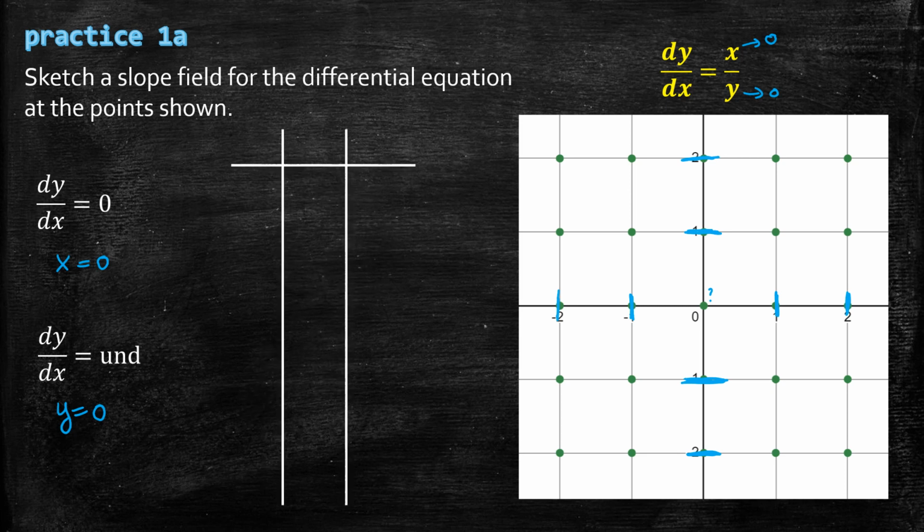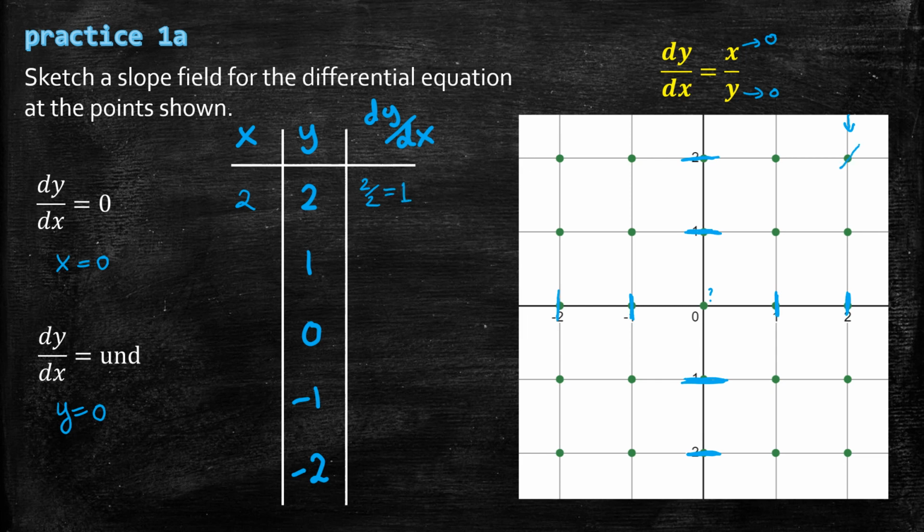I have a little system for approaching these, and that's to fix a value of x. So let's say when x is 2. Fix a value of x and vary the values of y. So we're looking at this column right here, and we're going to find the value of dy/dx for each point. So x over y here would be 2 over 2, which equals 1.